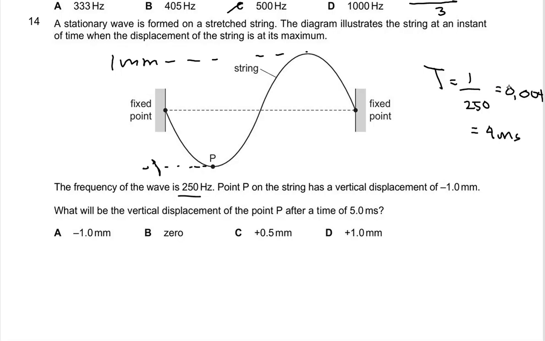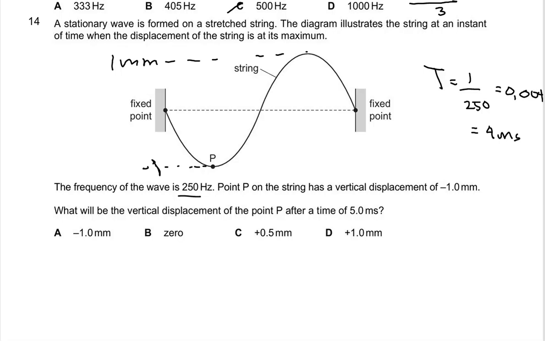And what happened in 5 millisecond? Okay, so a stationary wave is formed when the time is 4, 6, 8 millisecond, and then 10 millisecond, every half period and full period.